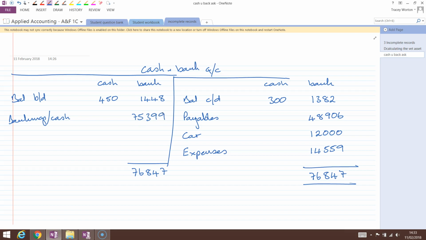So now we know that that's come out of the cash tin. It would be a contra within the own account. So on the credit side, we're going to reduce the cash account with the bank-ins of 75,399.